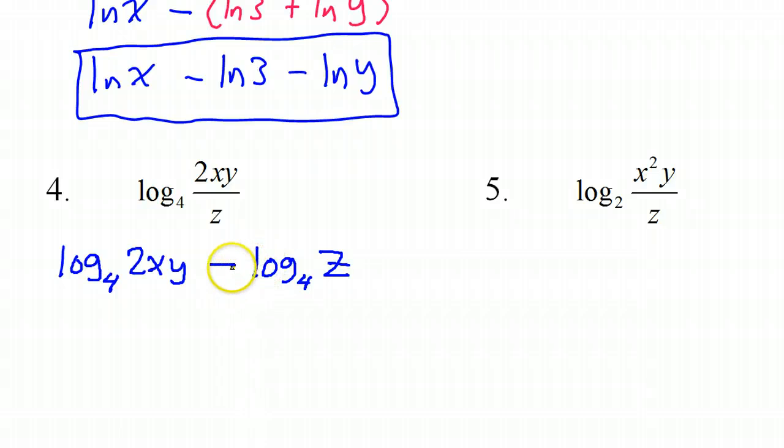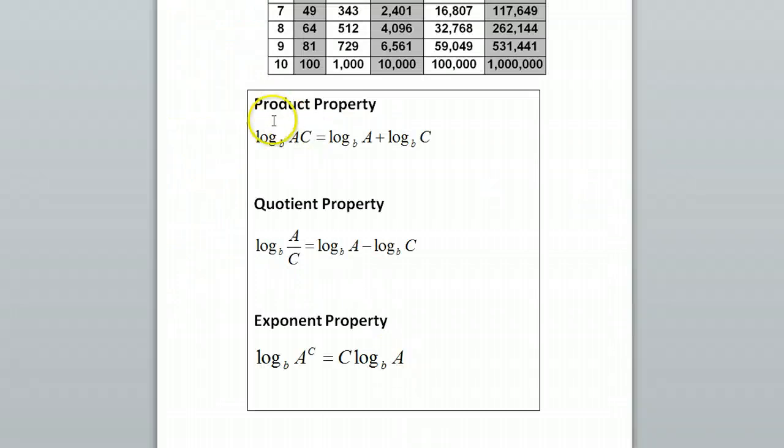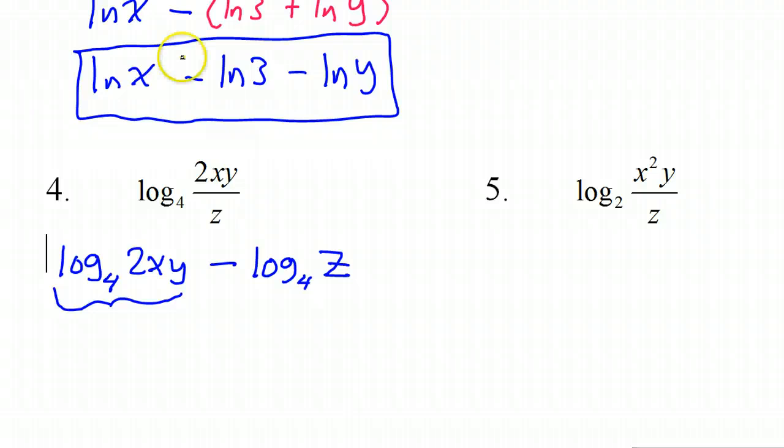So I've used the quotient property. But we must continue because we have a product right here. So we can use the product property to expand this further. Of course, the log of a product is the sum of the logs. So as we expand this, notice that there's 3 of them. I can do all 3 right now like this.